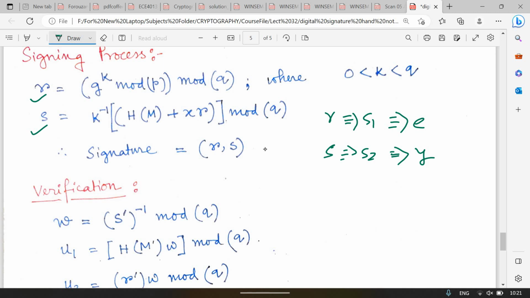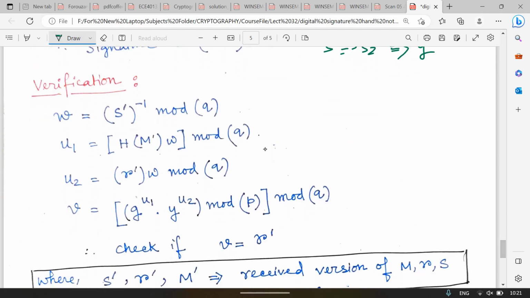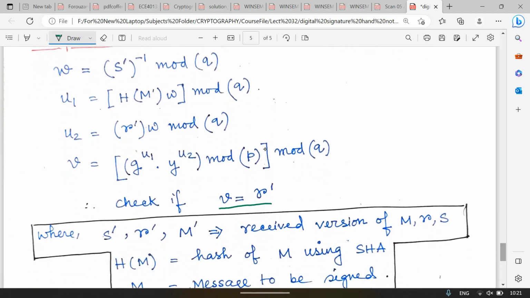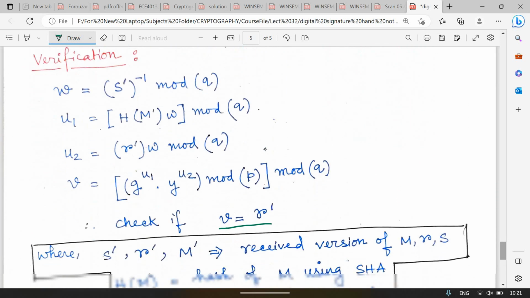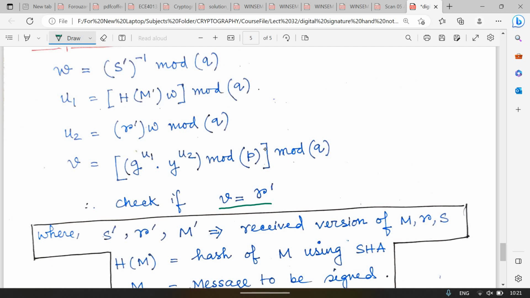Again, in the signing process and the verification process, what we are finally achieving is to check whether V is equal to R prime or not. R prime is given over here at the end. S prime, R prime, M prime are all my received data: received message, received key, received signature. R and S are the signatures. Based on that, we go through this process, which is not much to explain.